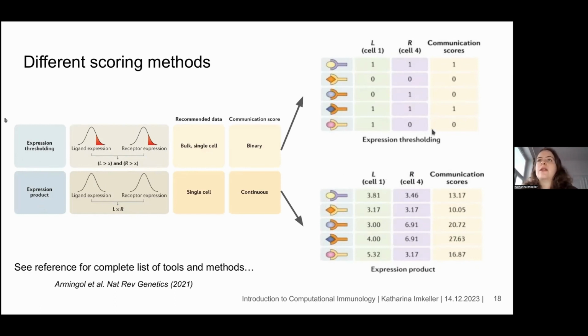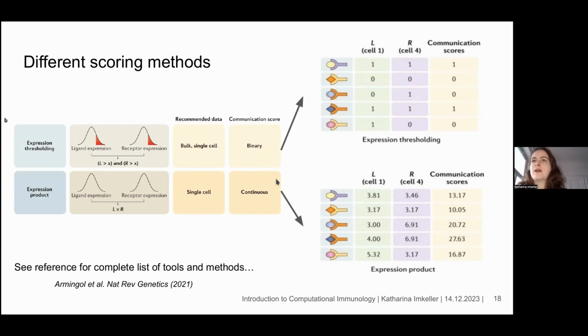This is the table that you get out. So you would have binary entries for presence of ligands and receptors, and you can then calculate the communication scores, which are also binary, and only positive, or only one, if both ligand and receptor are expressed.